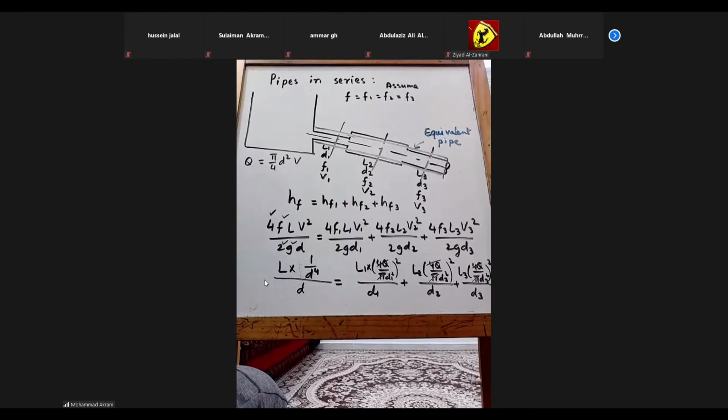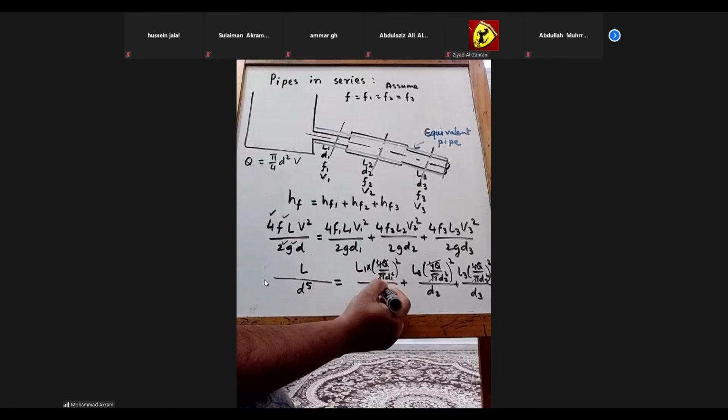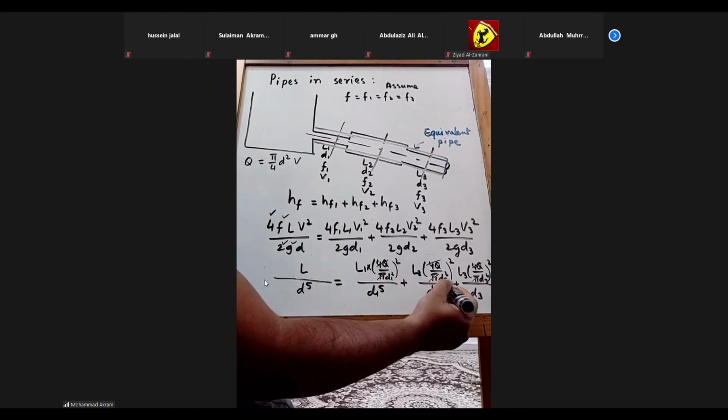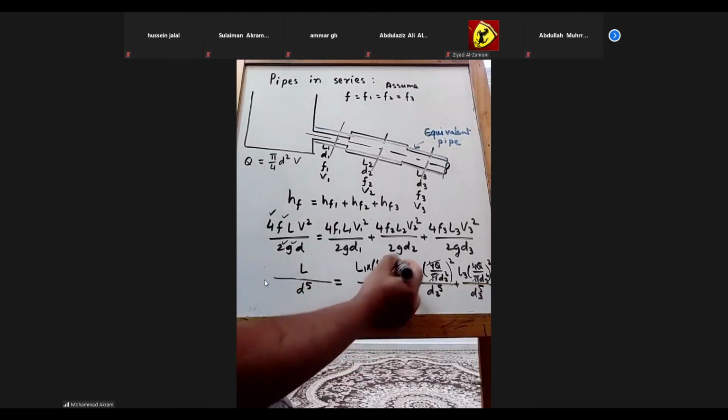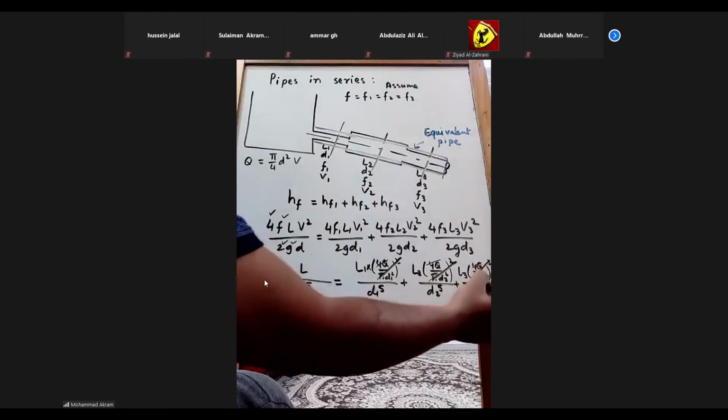Yes. Now this is in the denominator. This is also in denominator. So what it will become? 1 over the power 5, L over d raised to 5. And here it will become d1 raised to 5, d2 raised to 5, d3 raised to 5. All will get cancelled.